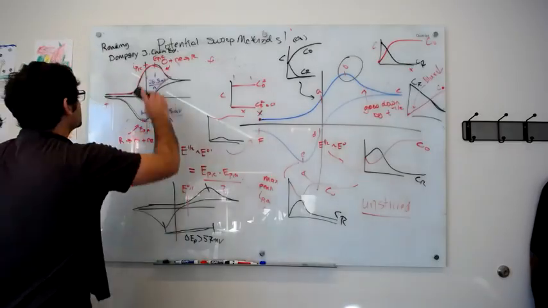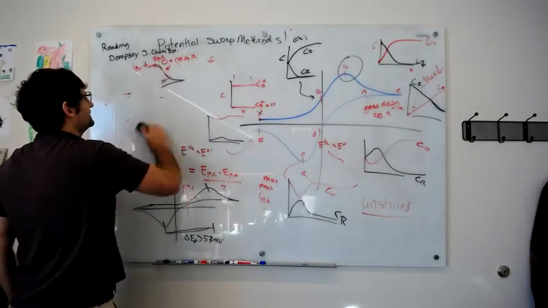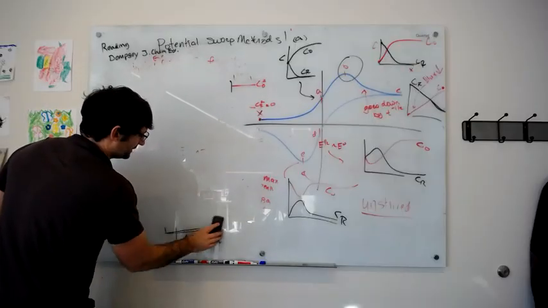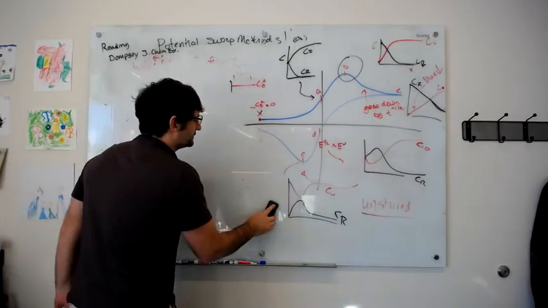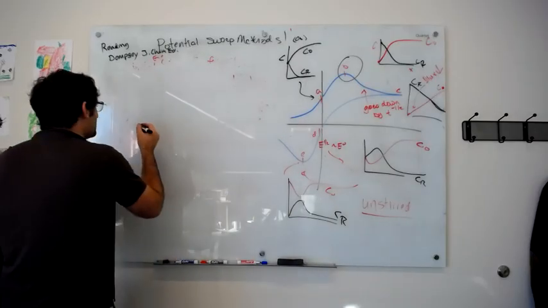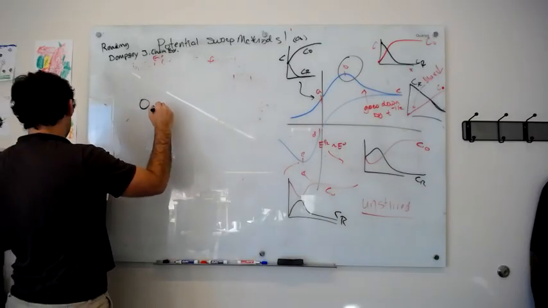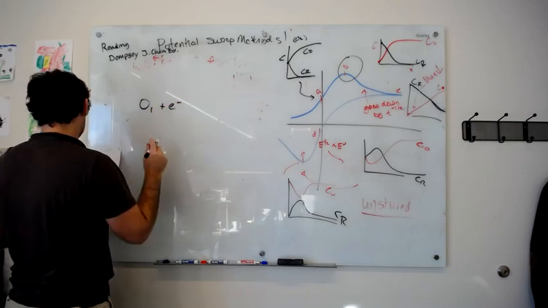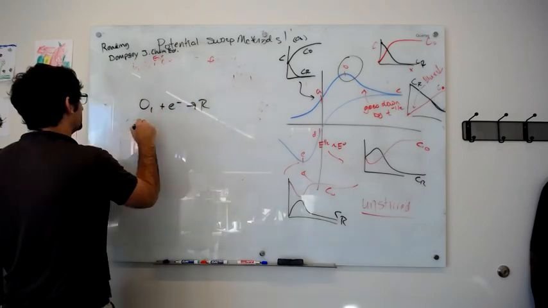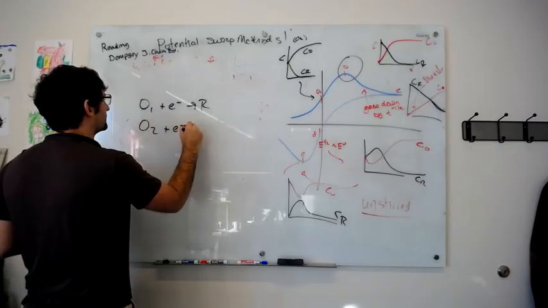Okay, and the last thing I'll mention, and you'll do this in the project, you'll measure the voltammetry of methyl viologen, which has 2 redox waves that follow each other at different potentials. And many molecules are like this. So you might have O1 plus an electron goes to R1, O2 plus an electron goes to R2.